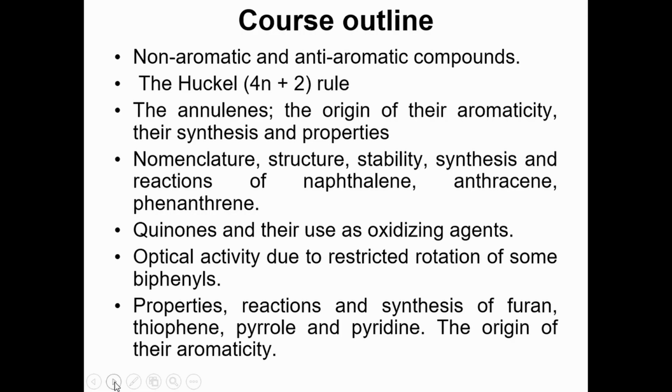Then we look at the quinones and their use as oxidizing agents, optical activity due to restricted rotation of some biphenyls, properties, reactions, and synthesis of furan, thiophene, pyrrole, pyridine, and the origin of their aromaticity.